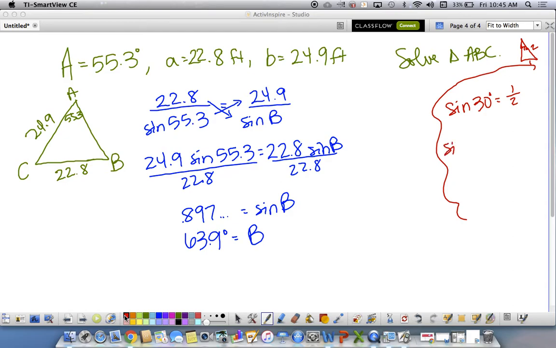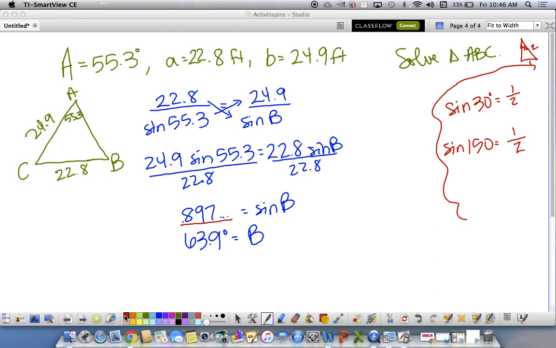You all said sine 150. What do you know about sine of 150 degrees? You can plug it in your calculator. Plug both of these in. Sine 30 is 0.5. If you plug in sine 150, guess what you're going to get? The exact same output. Okay? So there's 2 angles that I can plug in and get this decimal that we got.